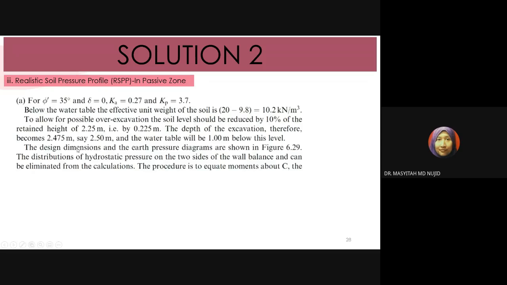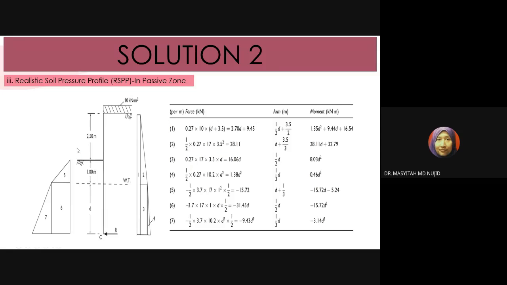So what is the final diagram of this problem? You see here, the retained soil is 2.5, and then 1 meter from the ground surface is where the water table effect starts. The next one, we have the surcharge on the top of the retained side.